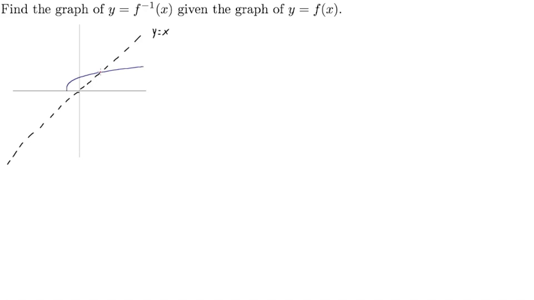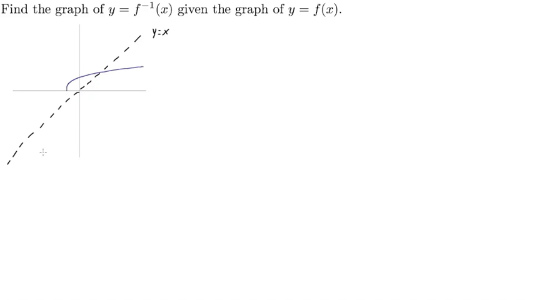Some of us are going to be able to say, all right, this is going to go like this, and this will go like that. So there, ta-da, it's a reflection. It's symmetric about this line. If you could visualize what this looks like, if you could take this graph, pick it up, fold it along that dashed line, it would fit right on top of itself. Some of us can see that and do that. Some of us need a little bit more guidance.